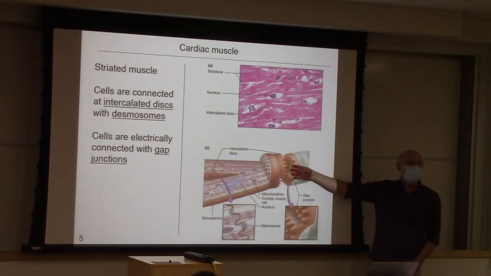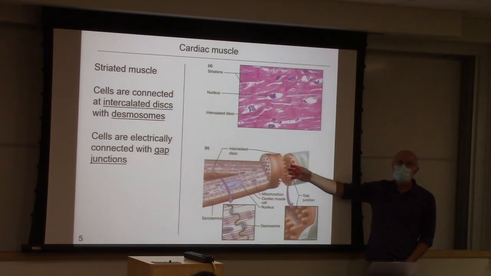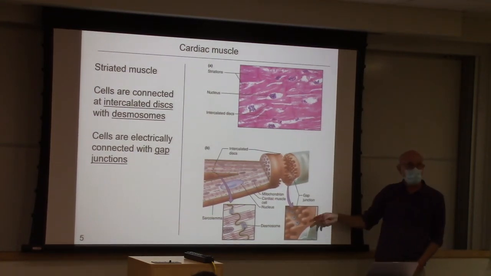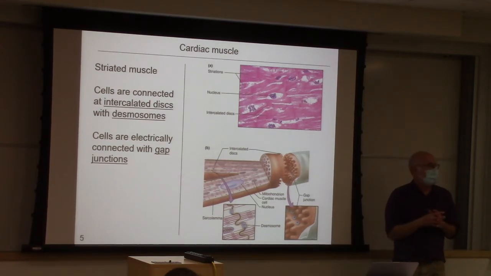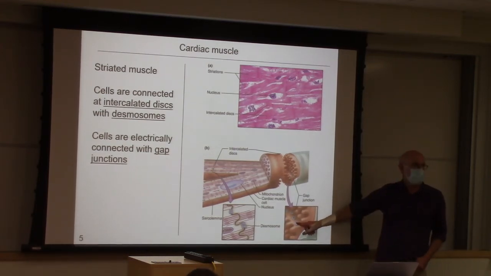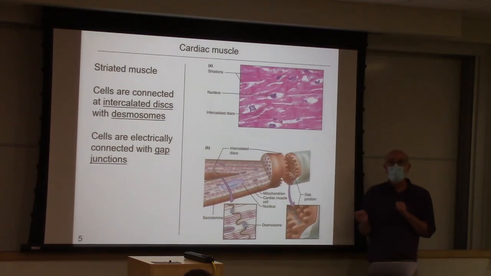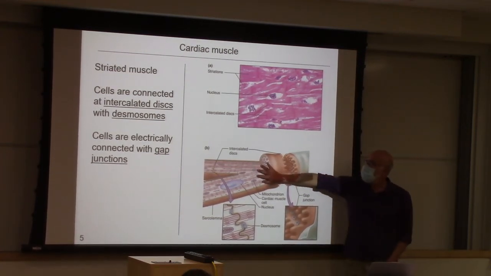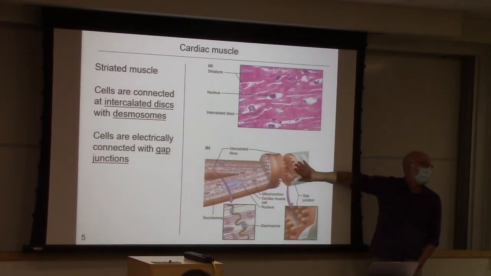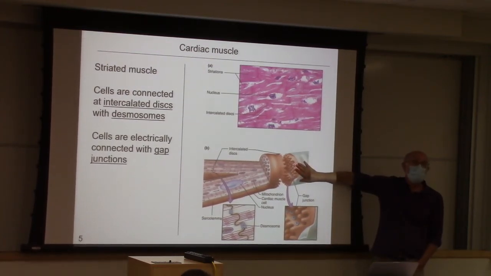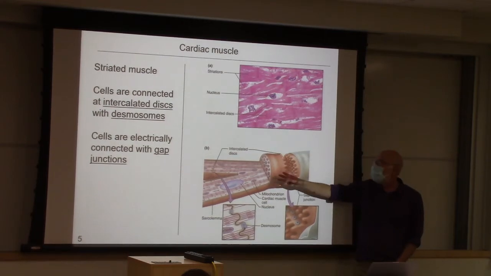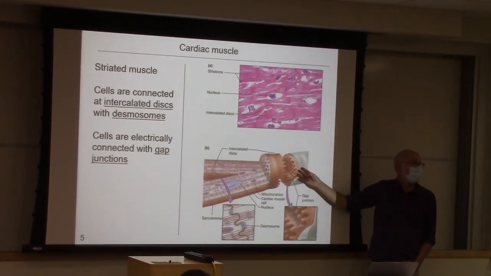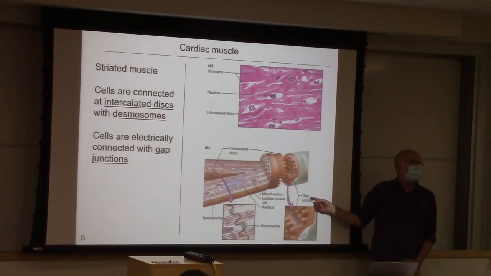So they're physically connected at intercalated discs, and they are electrically coupled at desmosomes, which are within the intercalated discs, because of channels that span one membrane to the other. So channels connect this cell to this cell. It's a separate cell, but it's got channels that connect the cytoplasm of this cell to the cytoplasm of this cell. And they're called gap junction channels.